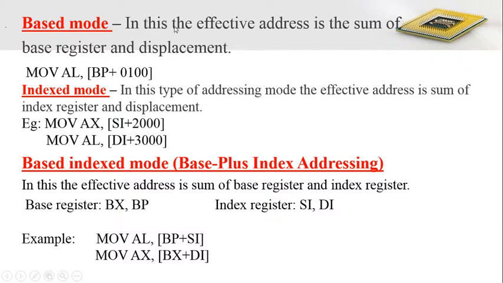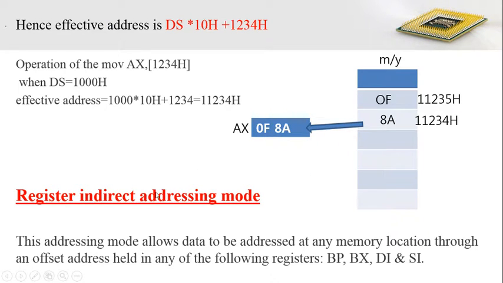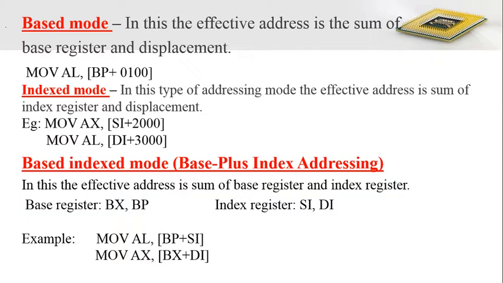Base mode means the effective address is the sum of the base register and displacement. Exactly like this register indirect addressing mode, sometimes the offset value is represented using a base register. Then this is a special case of register indirect, that is the base register indirect addressing mode.